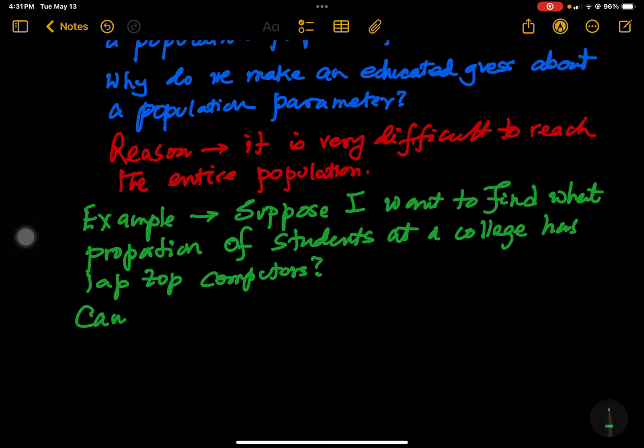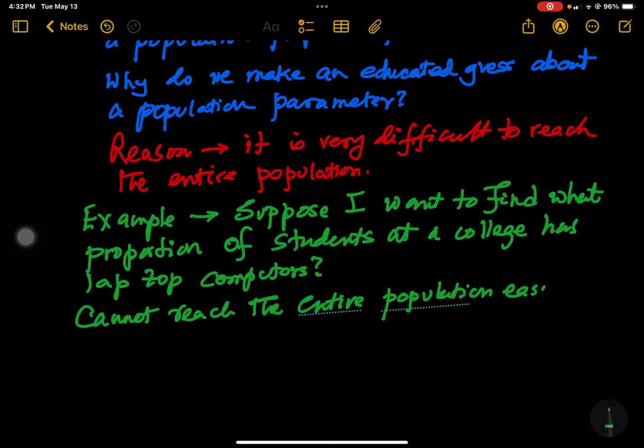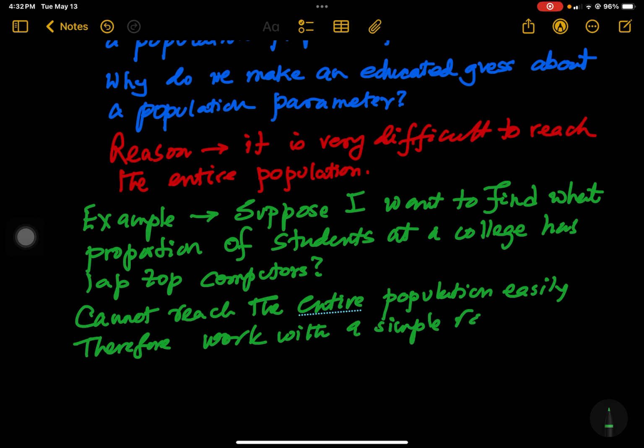I cannot reach the entire population at one time, or easily. Therefore, I work with a simple random sample of 50 students.